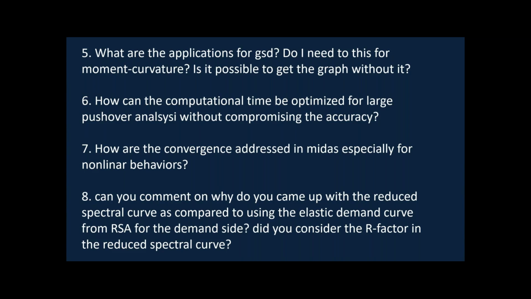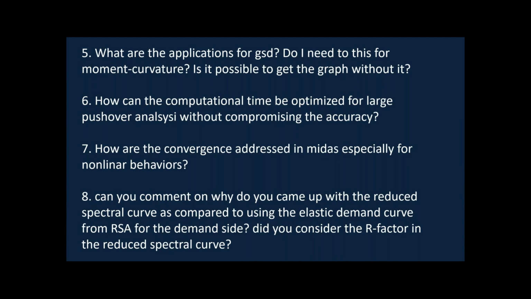Okay. Addressing the first sub question, the reason that we have to reduce the spectral curve as compared to the elastic demand curve is that when we compute the capacity of the structure, the point where the demand and the capacity curve meet is called the performance point.